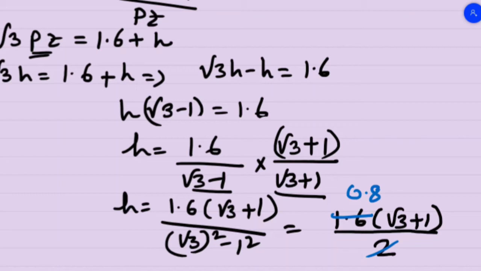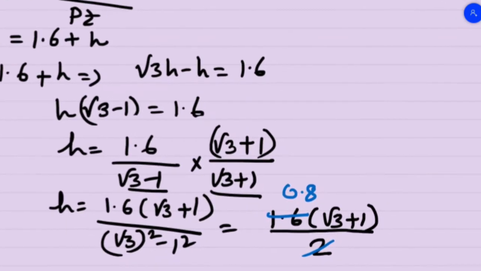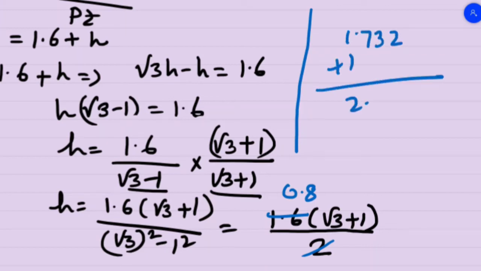If you want to calculate it completely, you can do this by just see root 3 plus 1. How much is root 3? Root 3 is 1.732. So 1.732 plus 1 is 2.732. You first multiply it by 8.